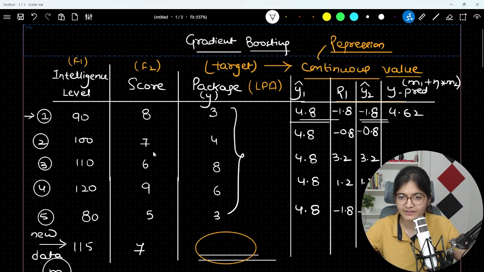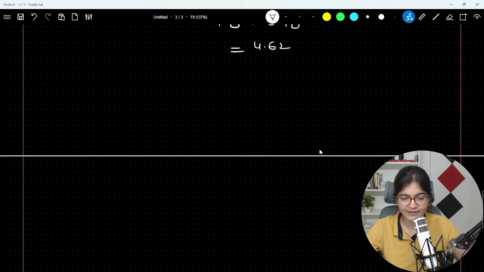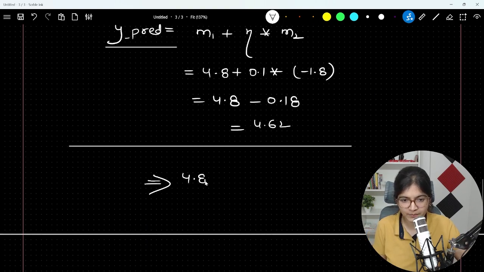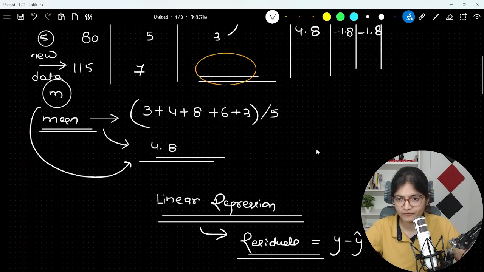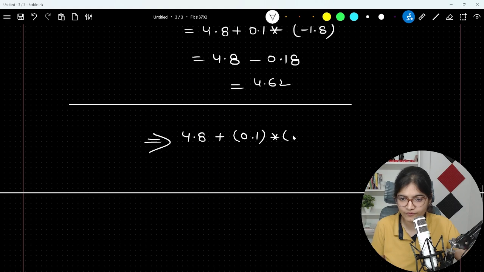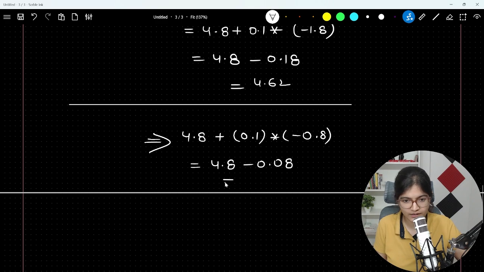For example, in the next case, it will be again 4.8. So for the second record, it will be 4.8 plus 0.1 multiplied with the value of M2. It is negative 0.8, right? So it will come out to be 4.8 minus 0.08.